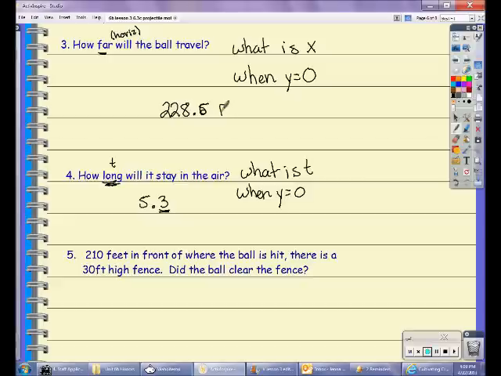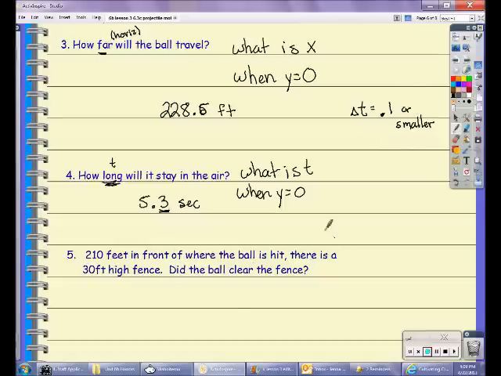So this was feet, and this is seconds. As long as your change of t is 0.1 or smaller, you're going to be accurate enough. It's not going to be as accurate as it could be, but you'll be accurate enough. 0.1 or smaller.